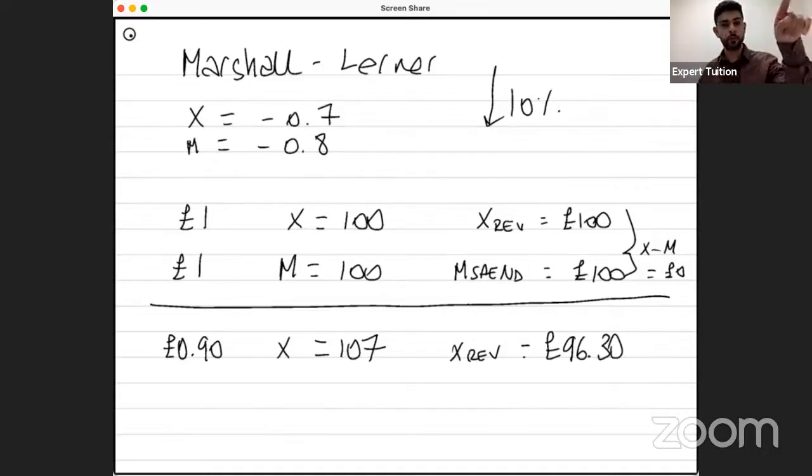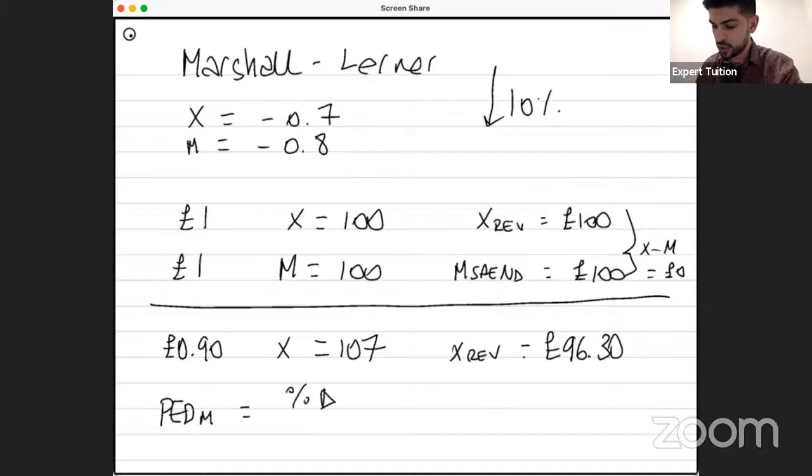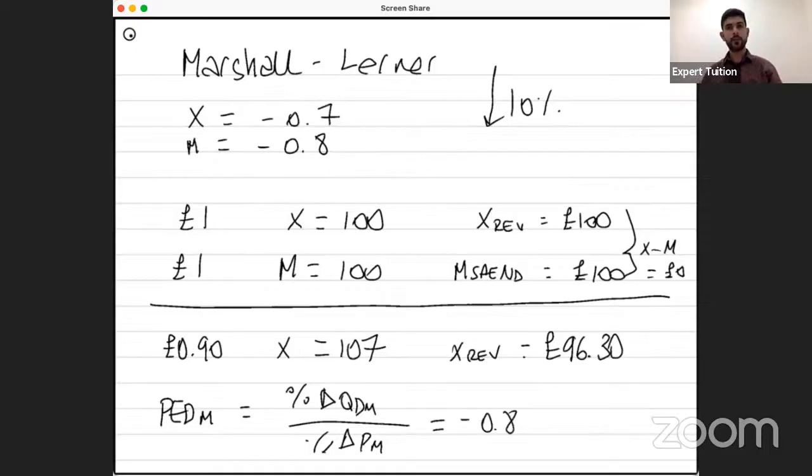Let's do the exact same thing for imports. So now I go, PED of imports is equal to the percentage change in quantity demanded of imports over the percentage change in the price of imports, and it's equal to, in my example, minus 0.8. If the pound is 10% weaker, does that make imports 10% cheaper or 10% more expensive?